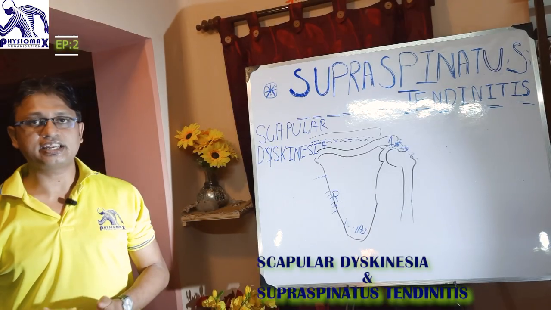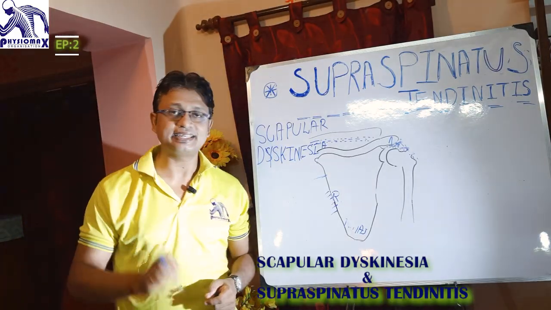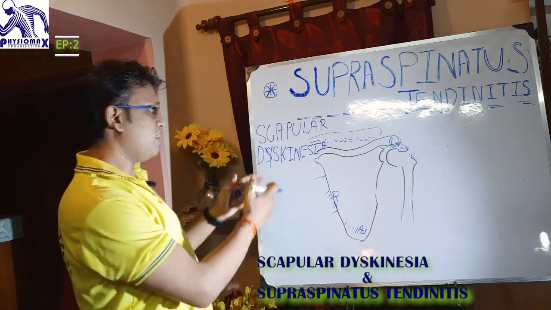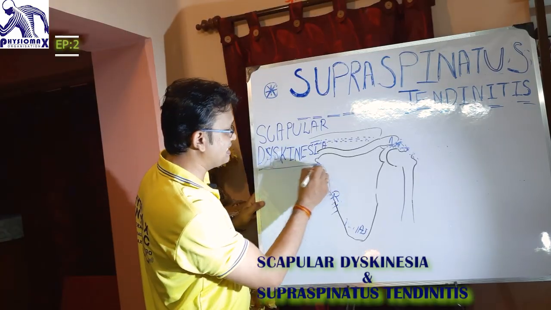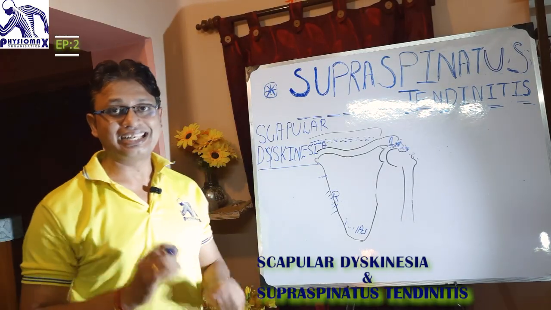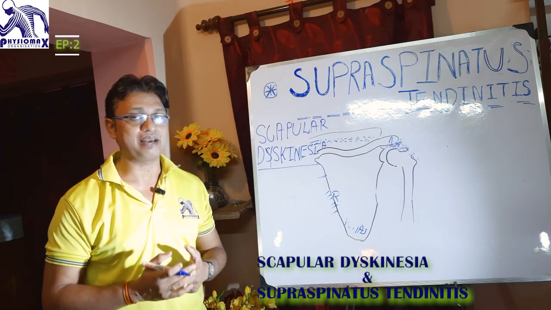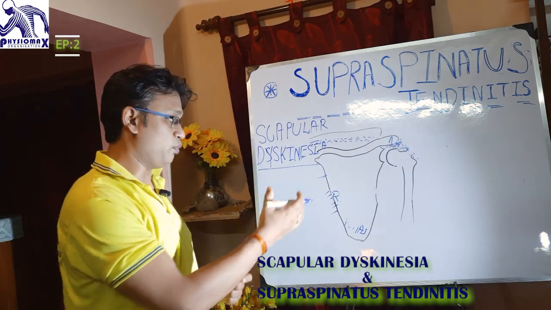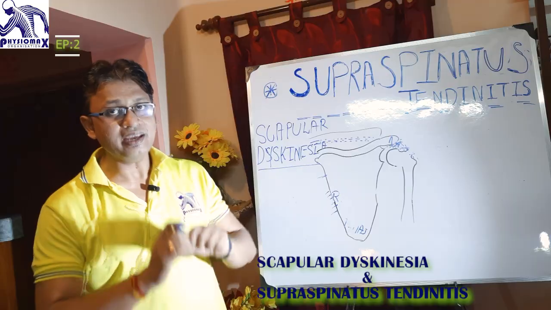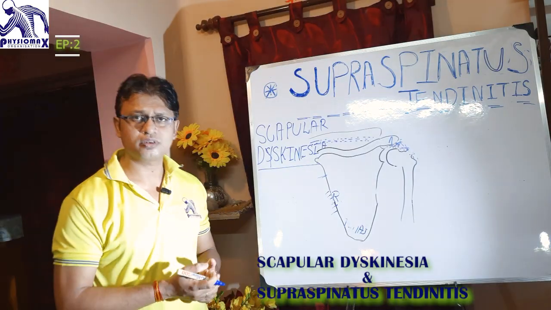This scapular dyskinesia is also called a dyskinetic scapula. So first we need to divide this word, dyskinesia. Dyskinesia means abnormal motion of the scapula. When the scapula cannot move properly, that's called a dyskinetic motion of the scapula.